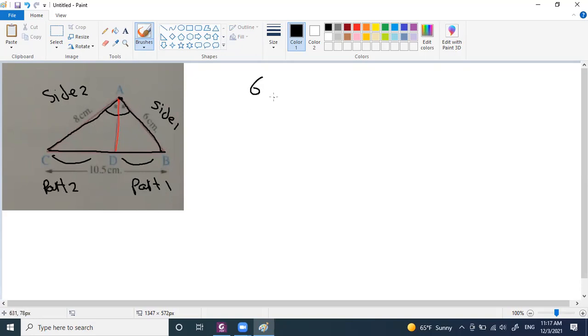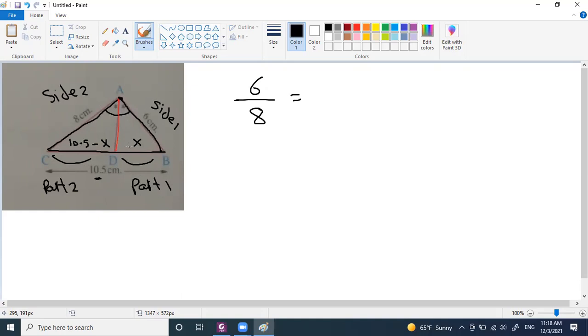So 6 centimeters, which is AB, over 8 centimeters is equal to, I don't actually know the length of BD, and I don't know the length of CD, but I have 10.5. So we can write X and write 10.5 minus X, because the whole length of the base is 10.5.